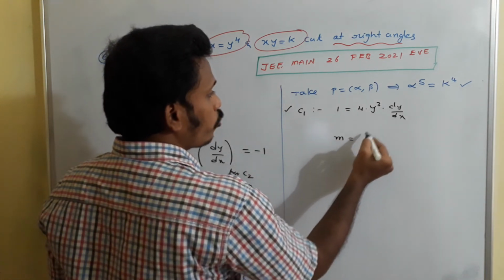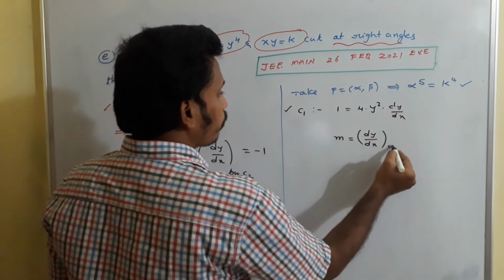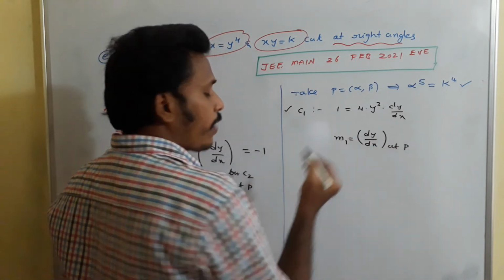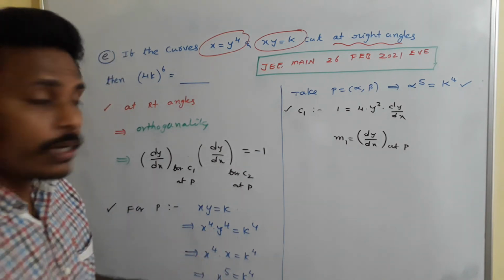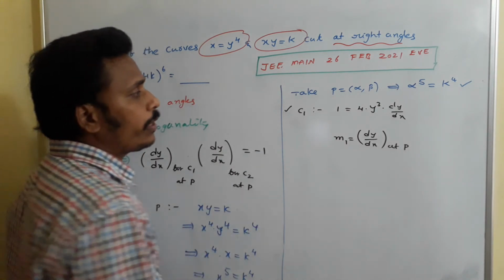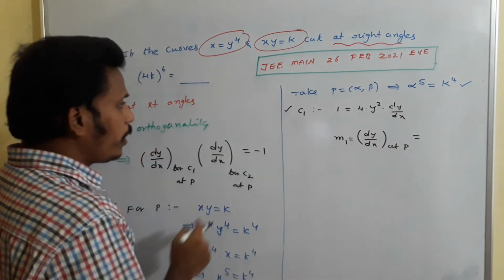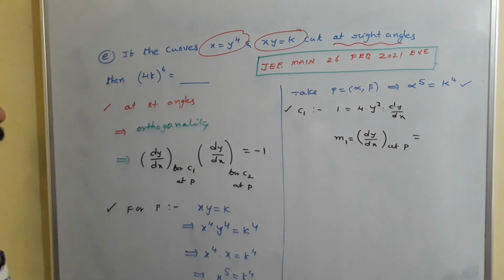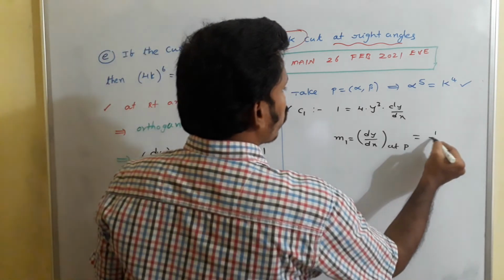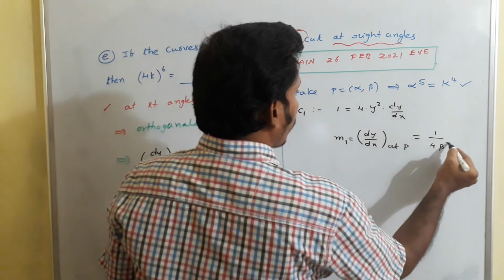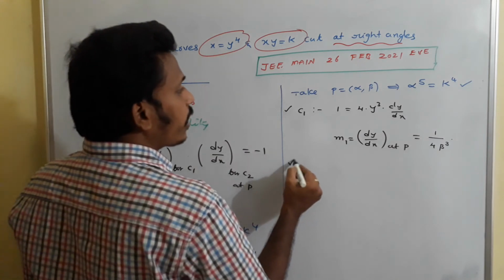The slope of tangent for the first curve at the point P, just mark it as m1, is dy by dx at P, that is 1 by 4y cube at P. P means alpha comma beta, right? So m1 is 1 by 4 beta cube.